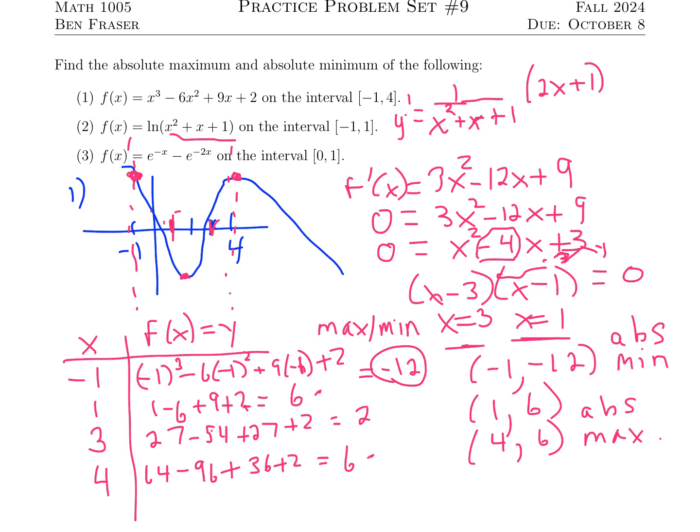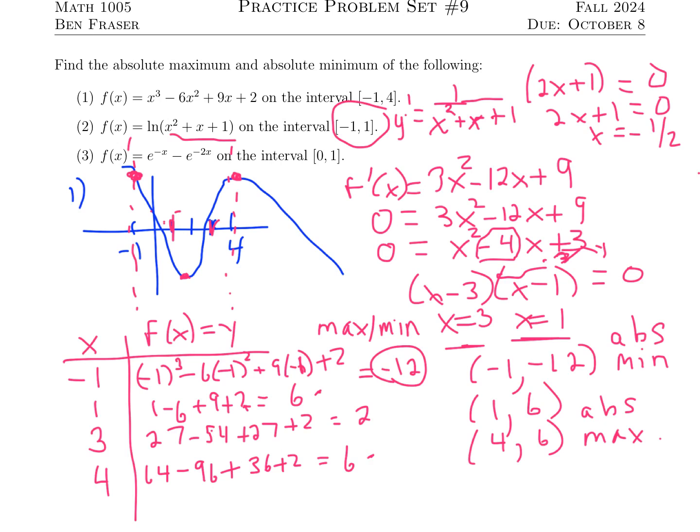And so what we're going to do there again is set this equal to 0. And so that's just going to leave you with the equation 2x plus 1 equals 0. You're going to get one answer, which is -1/2 here. And then you're also going to have to test -1 and 1. So whatever x value gives you the lowest y and whatever x value gives you the highest y, those are your absolute max and mins in this frame, okay?